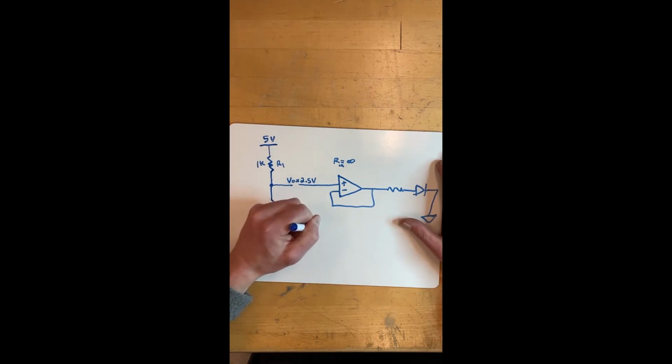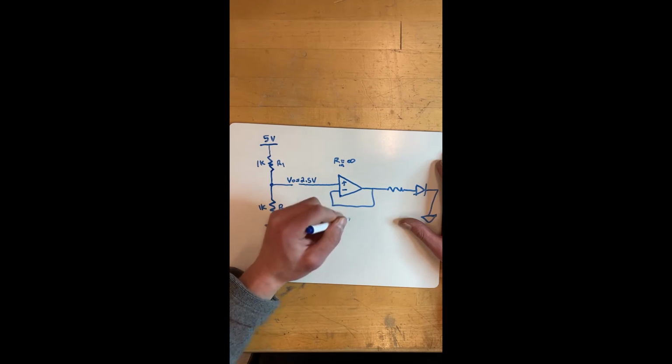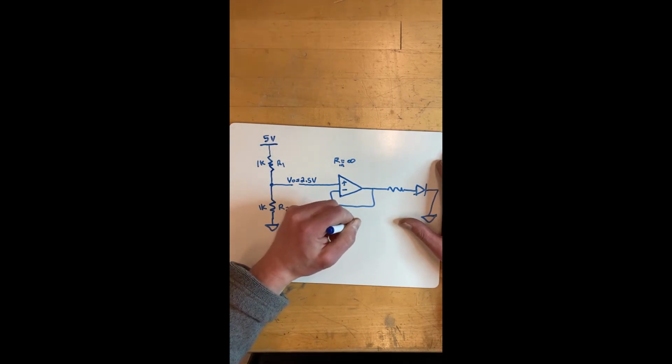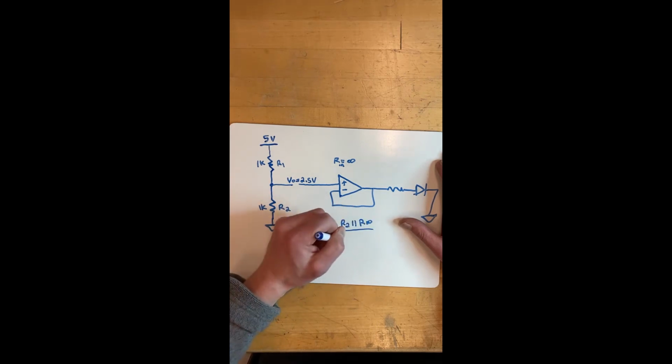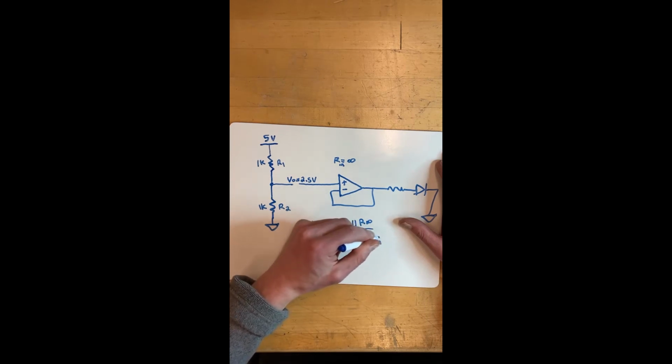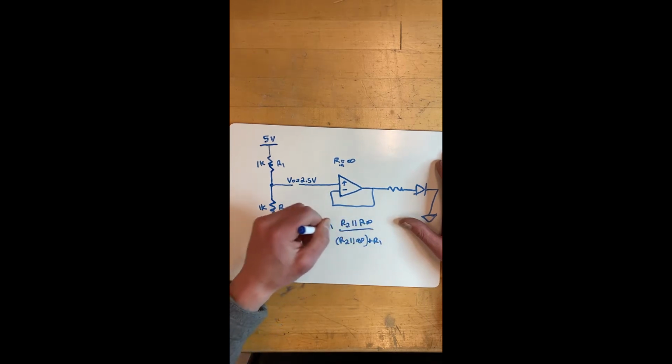Well, we're going to have V out equals V in times R2 in parallel with R infinity over R2 in parallel with infinity plus R1. What's R2 in parallel with infinity?